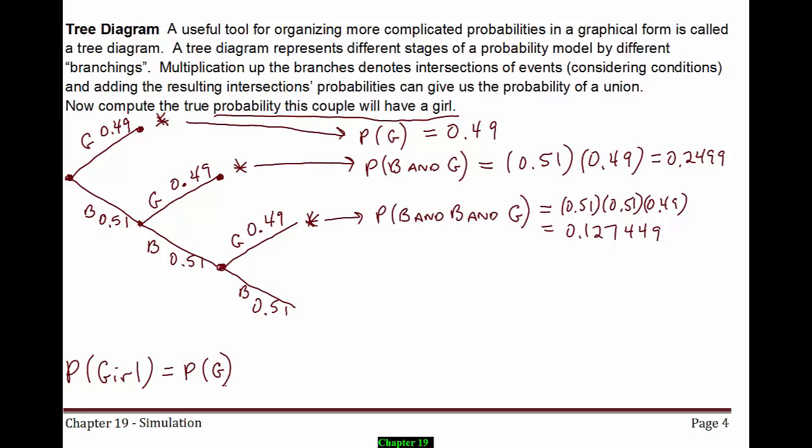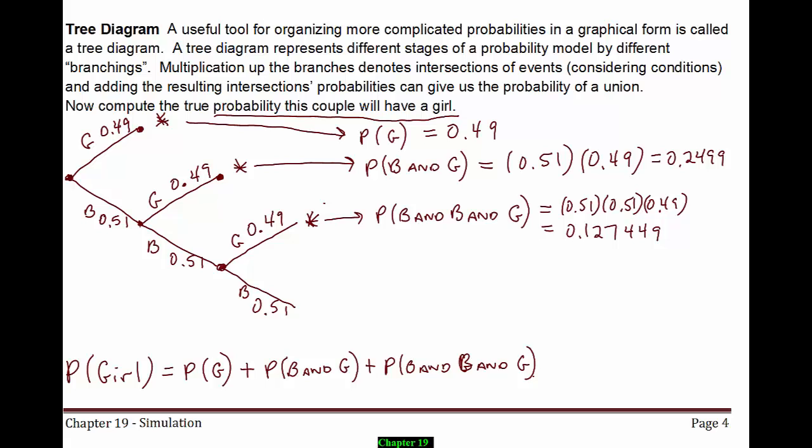So the way that we get our total probability of having a girl is by adding the probability of having a girl right away plus, notice the word or, the probability of having a boy on the first try and a girl on the second try, or by being on that third path, the probability of having a boy on the first try, a boy on the second try and a girl on the third try.